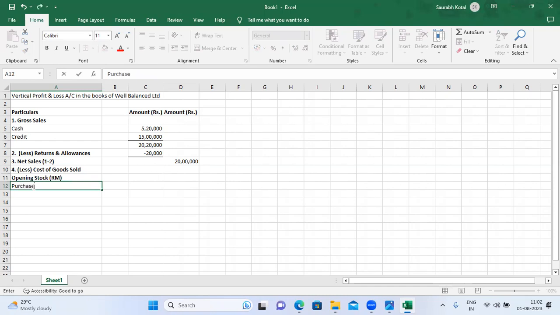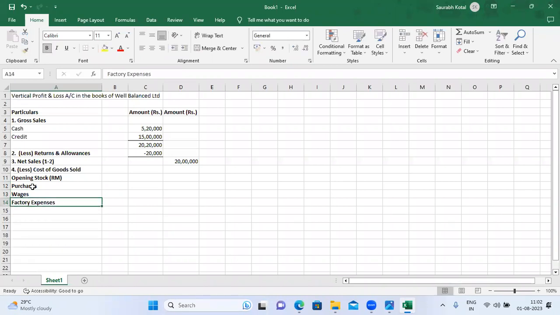Purchases is also a part of your cost of goods sold. Then wages. Then factory expenses. They all are part of cost of goods sold. But what is the amount? Remember one thing. Here the opening stock given is 7 lakhs.